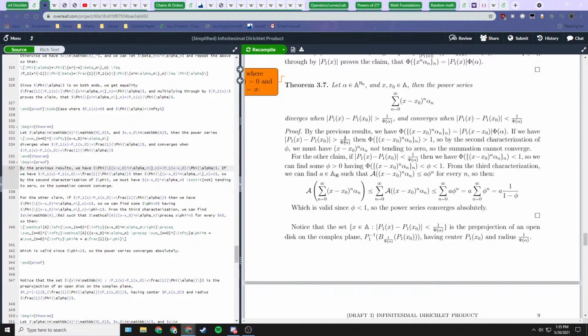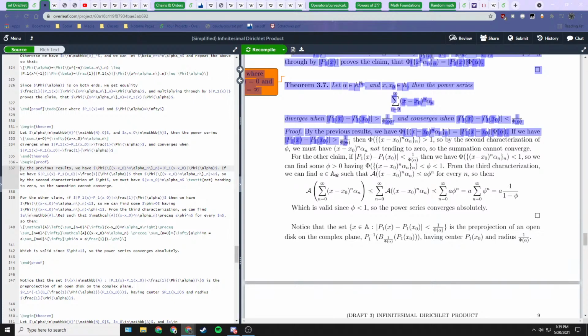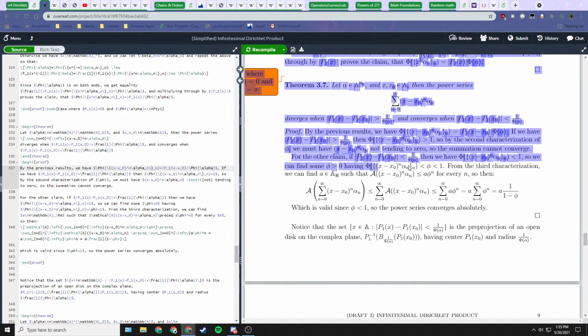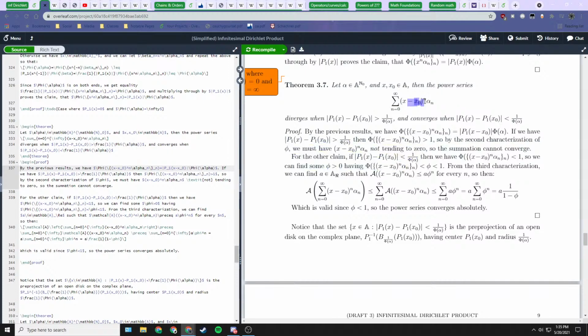Instead of concluding that it's greater than 1 because of this being greater than 1 over phi alpha, we have this being less than 1 over phi alpha, so it's going to be less than 1. Because this is less than 1, we can find some lowercase phi in between them. These are our terms for our power series, and we're saying its phi value is less than 1, so let's just fit some lowercase phi in between the two.